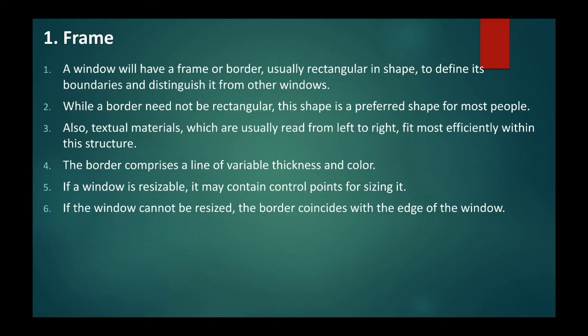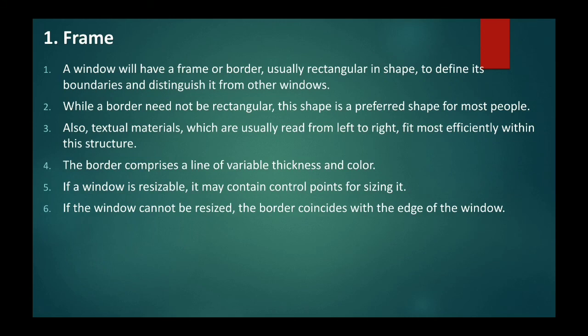If a window is resizable, it may contain control points for sizing it. You have seen three dots in the lower right corner of a window, so that you can resize it. The size can be changed using those resizing corners, also called resizing buttons.